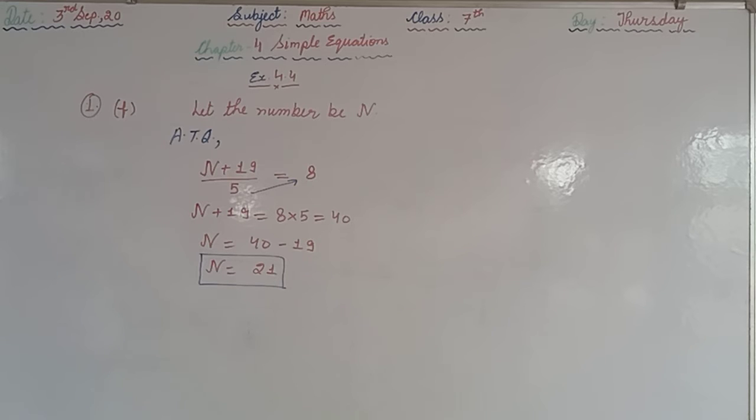Anwar thinks of a number. If he takes away 7 from 5 by 2 of the number, the result is 23.